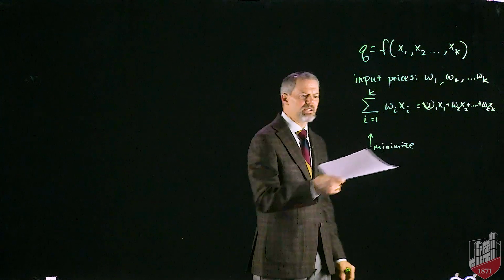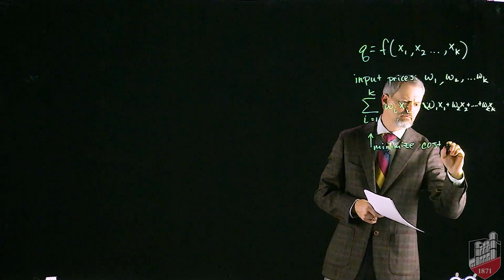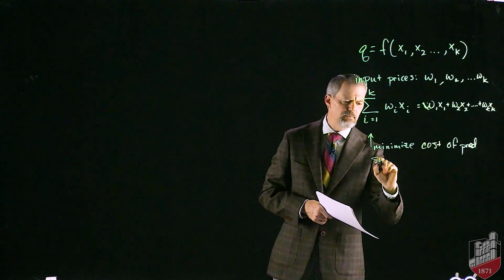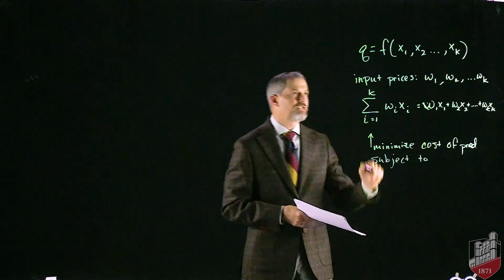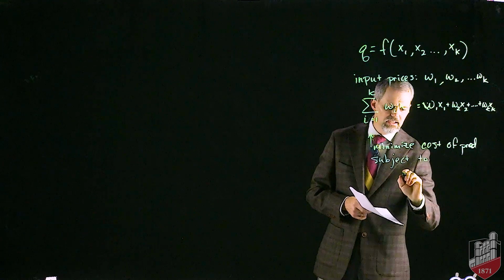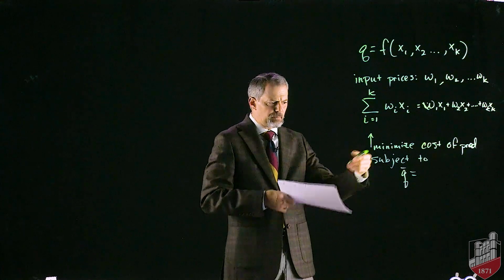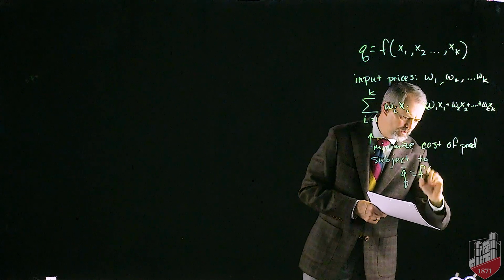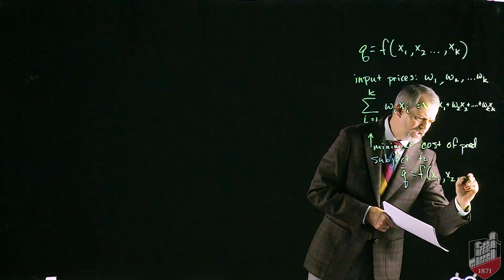So it's going to minimize the cost of production, but it's got a constraint. I'm going to say subject to the constraint, which is this, subject to the production technology that it uses. I'm going to say Q bar just to represent a particular level of Q. Q bar is equal to that production function that has as its arguments the inputs.